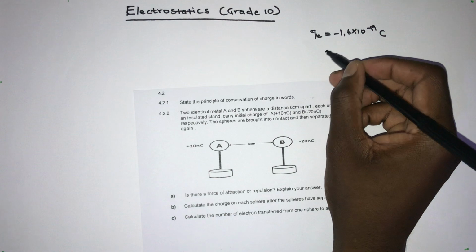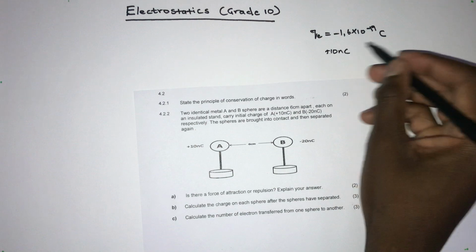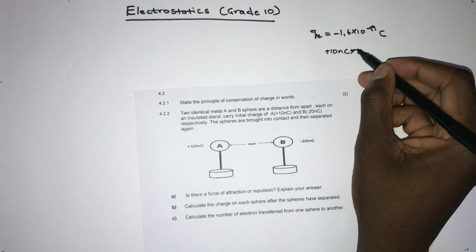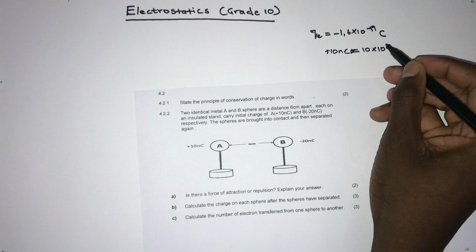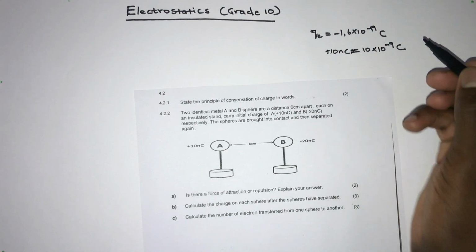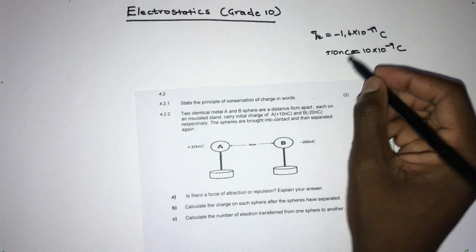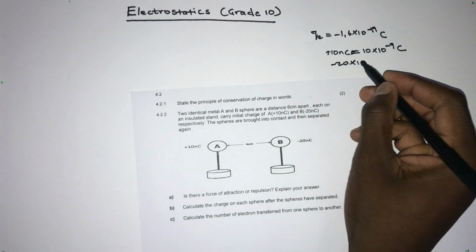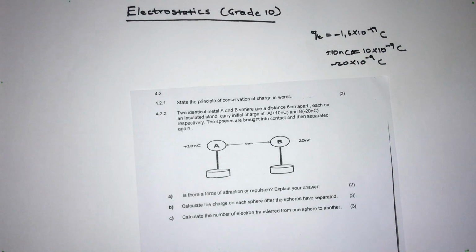To convert positive 10 nanocoulomb to coulomb, we take 10 multiplied by 10 to the power -9, then this will be in coulomb. So nano is 10 to the power -9. The other one is -20 times 10 to the -9 coulomb. That's how we convert the charge from nanocoulomb to coulomb.